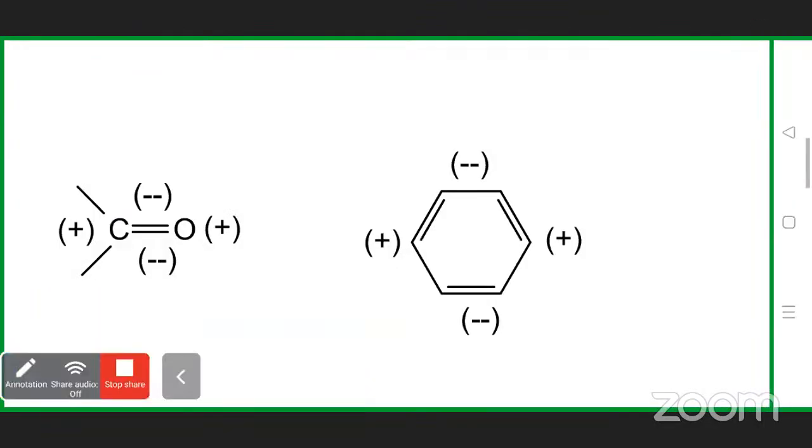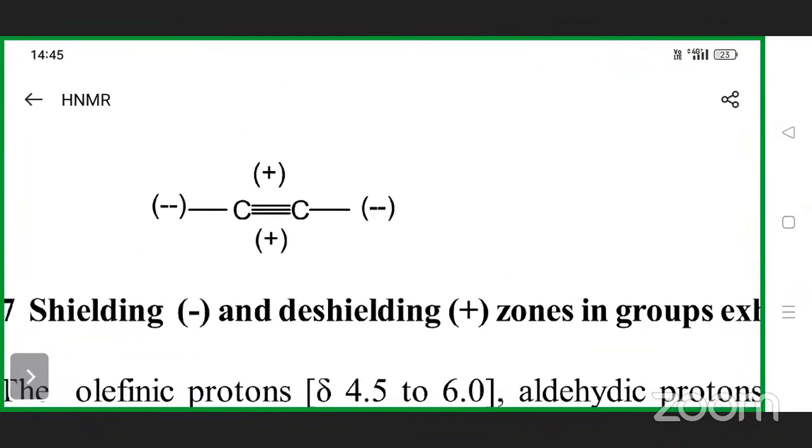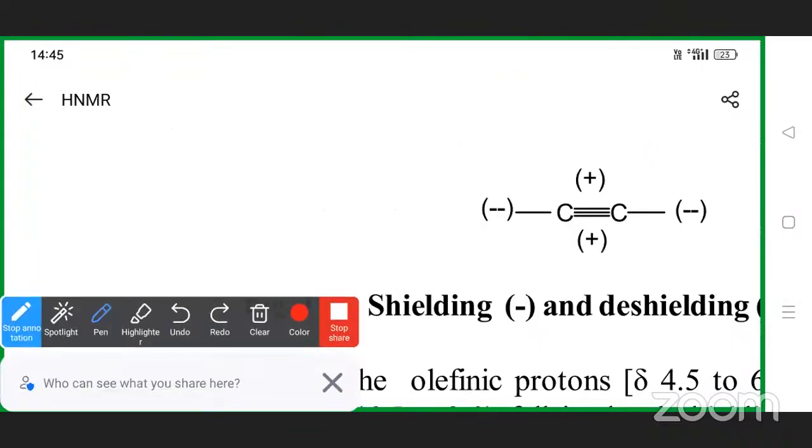In the acetylenic protons, the orientation matters. Here, for the alkyne protons, the group is oriented like this.